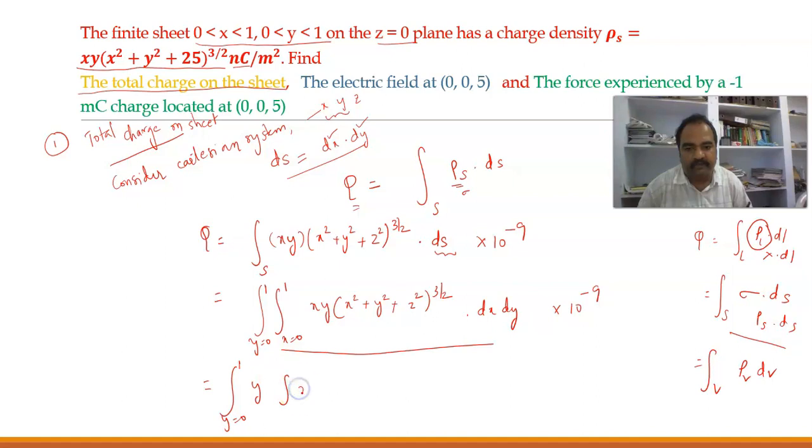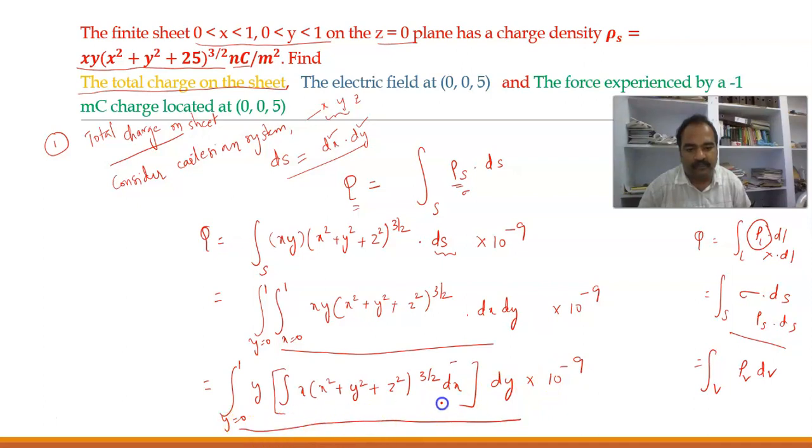So I will integrate x here. So first of all, I will do this one, the one which is present in this brackets. I am integrating with respect to x.